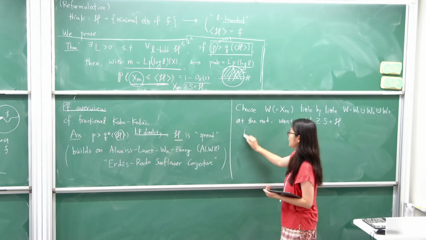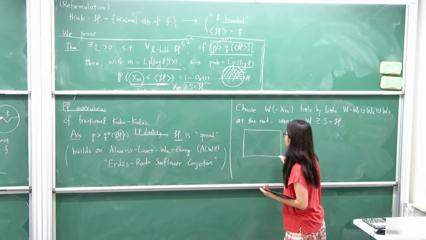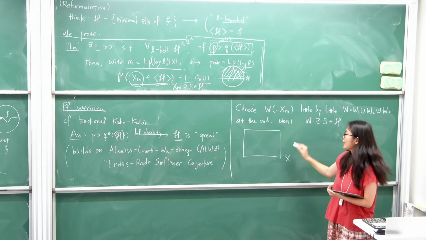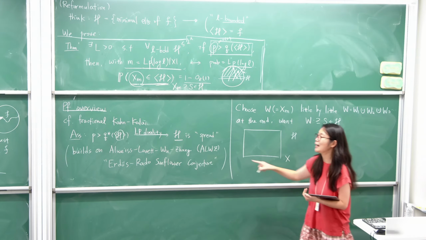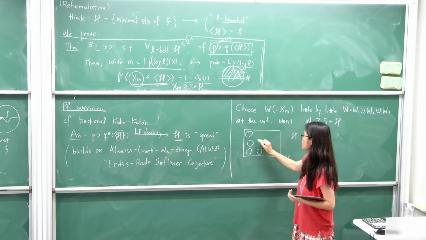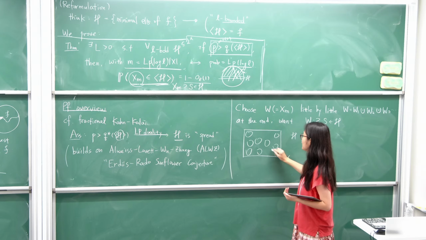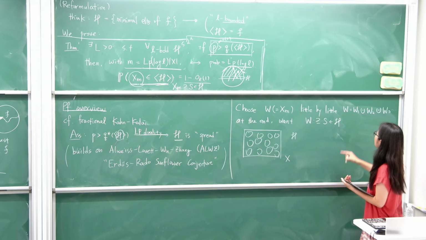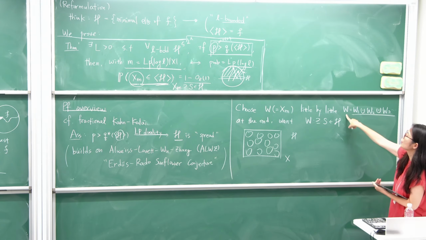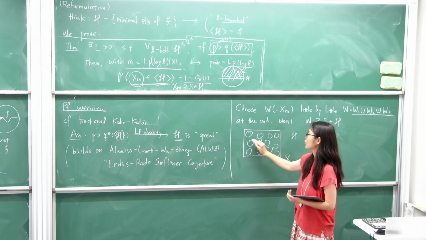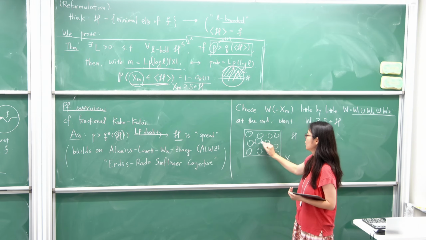Pictorially, this looks like this. This rectangle is our universe X, and our hypergraph H has a very nice property: it is spread. So the hyperedges are everywhere. Choosing W little by little means in the first step, we sprinkle our first random elements.